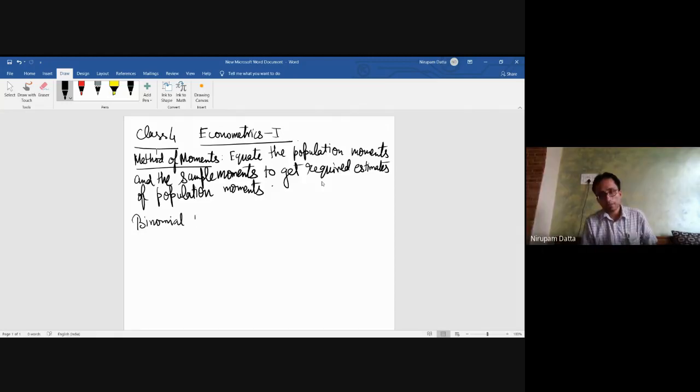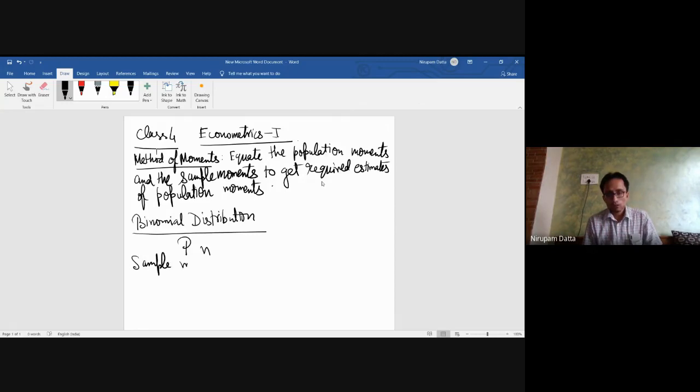So now let us consider binomial distribution. In case of binomial distribution, there is a population parameter which is known as P. Now, in binomial distribution, there are two things that are of consequence. One is the population parameter P and the size of the sample in the binomial distribution, that is N. Now let us consider that we know the sample mean, which is one of the moments of this distribution, sample mean, which is X bar.